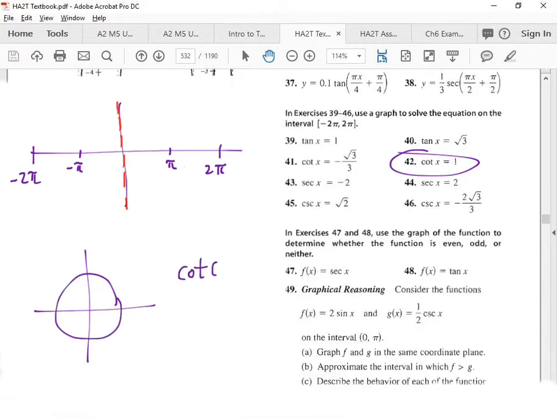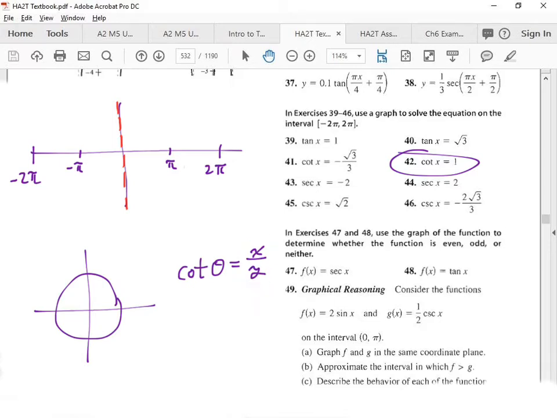What is cotangent of theta equal to? Something over something. No, flip it. It is cosine over sine, which is the same as x over y. This is cosine, or adjacent, over opposite, or sine.